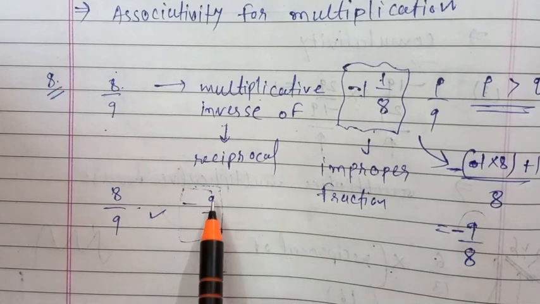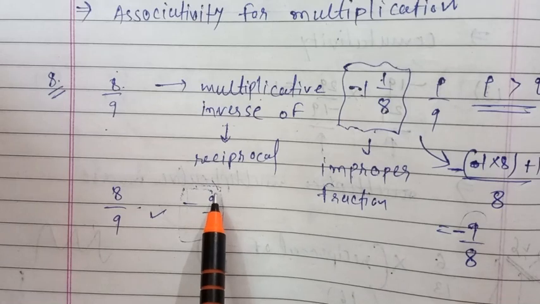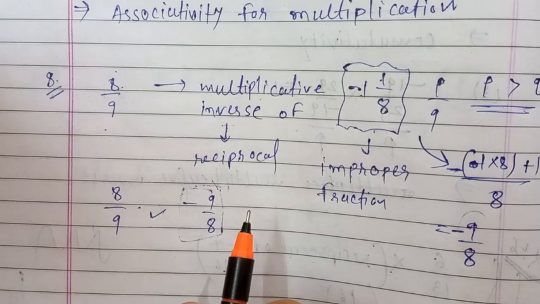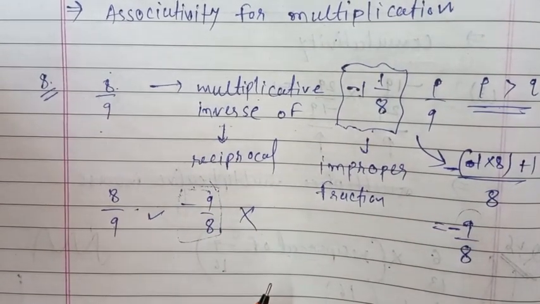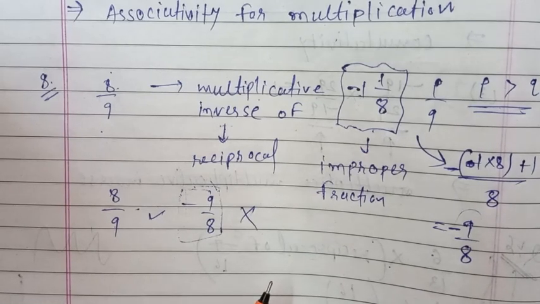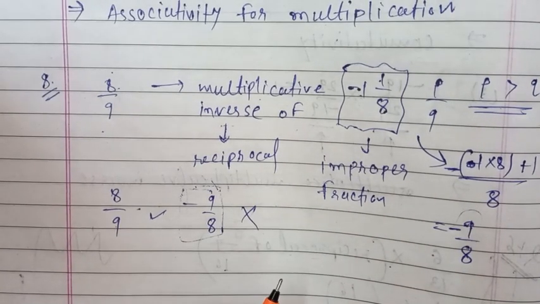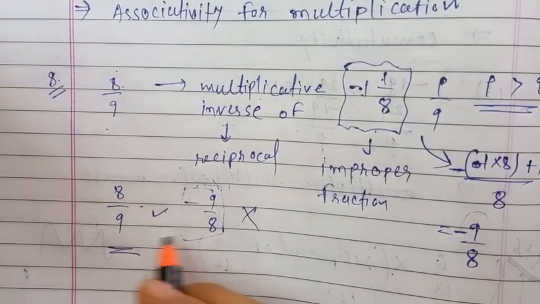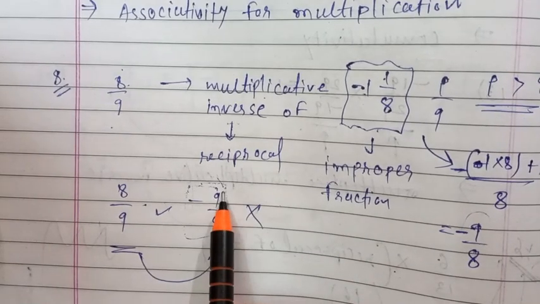If we assume the second number is the multiplicative inverse of 8 by 9, then where did this minus sign come from? So this is false.